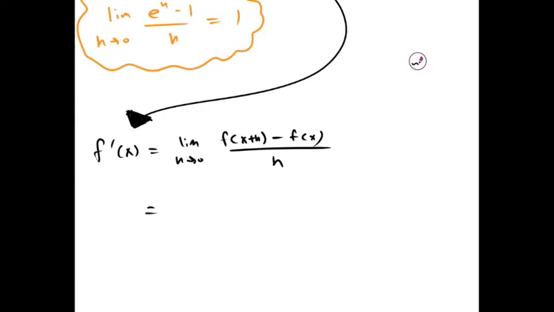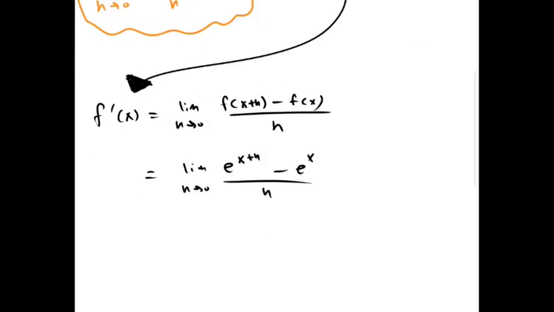So in this case, we have the limit as h approaches 0 of e to the x plus h minus e to the x all over h.